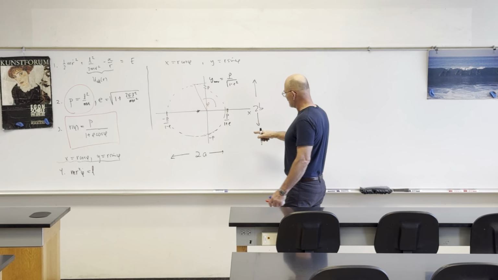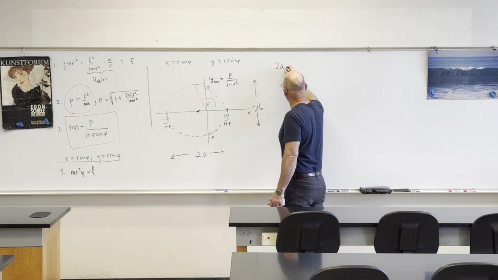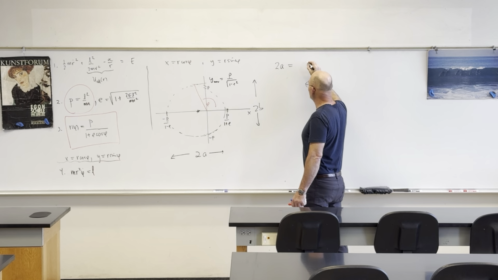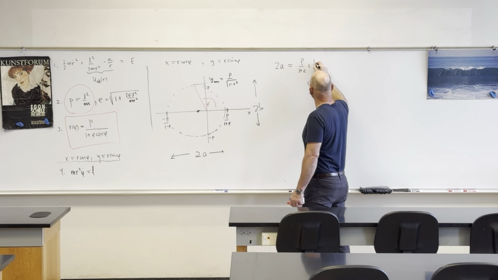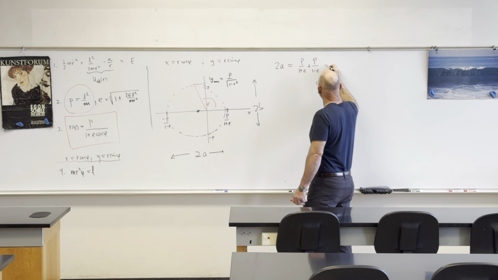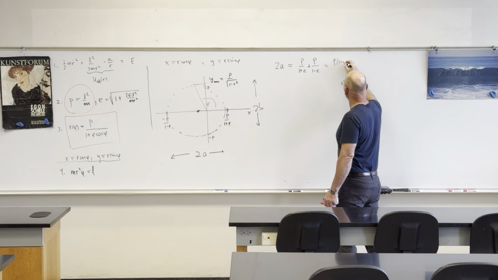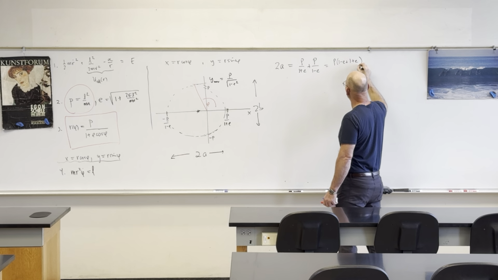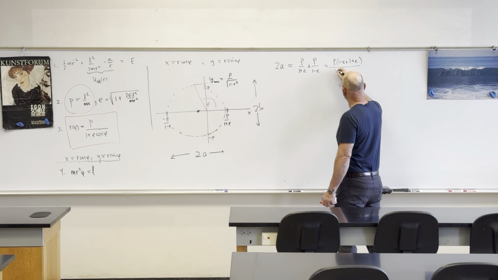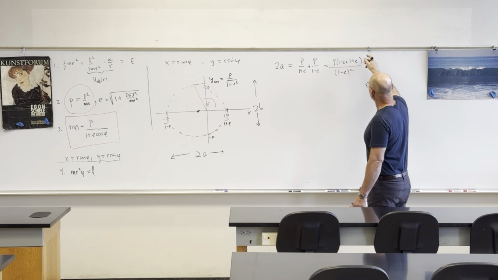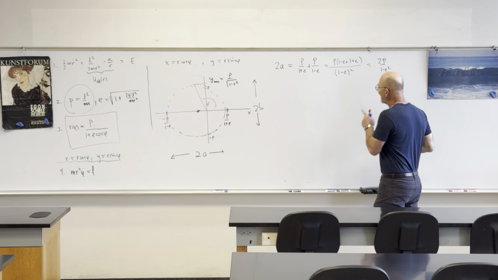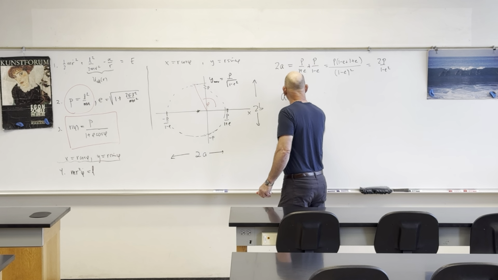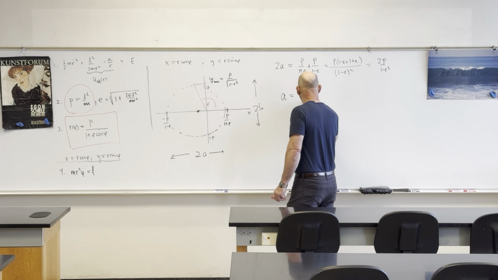So what we have is 2a equals p over 1 plus e plus p over 1 minus e, which is p times 1 minus e plus 1 plus e, over 1 minus e squared. So those cancel, equals 2p over 1 minus e squared. So the semi-major axis a is equal to p over 1 minus e squared.